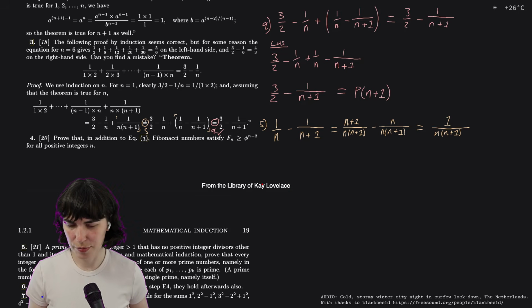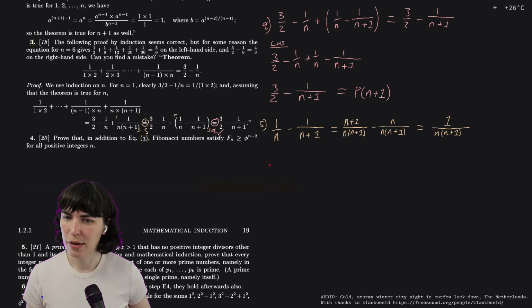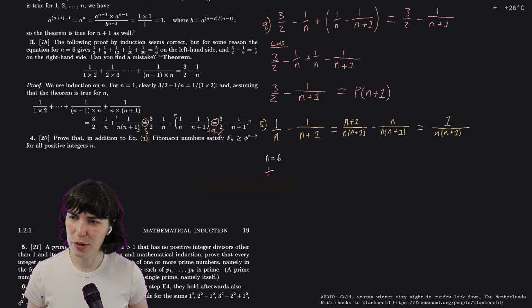Give myself some extra room. Okay, n equals 6. 1 over 1 by 2, that's 2, plus 1 over 2 by 3, which is 6, of course.